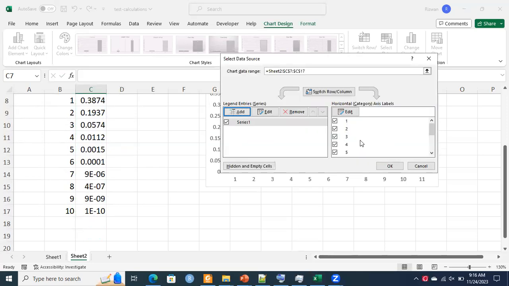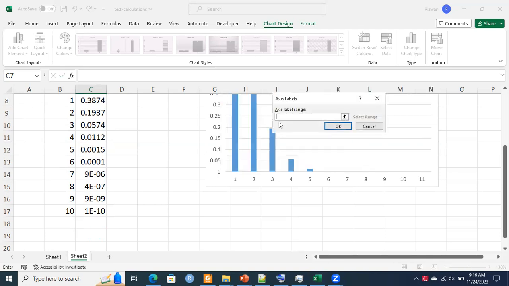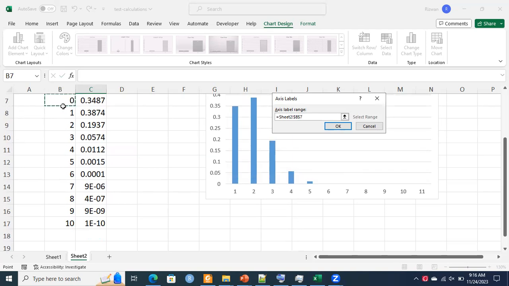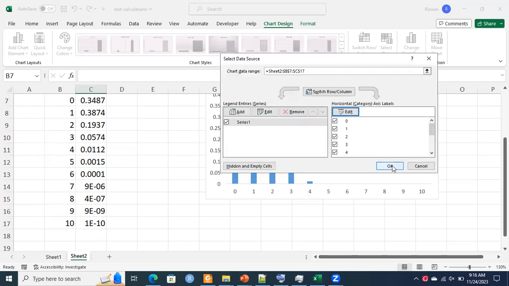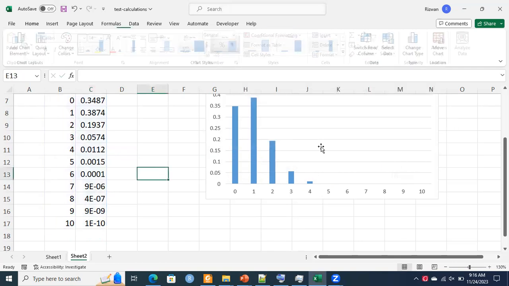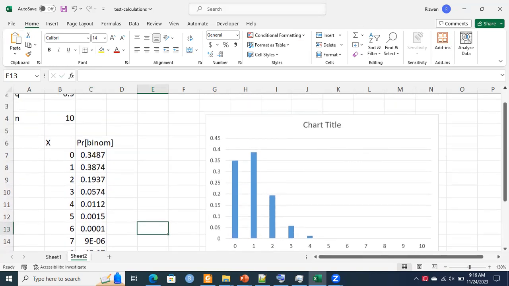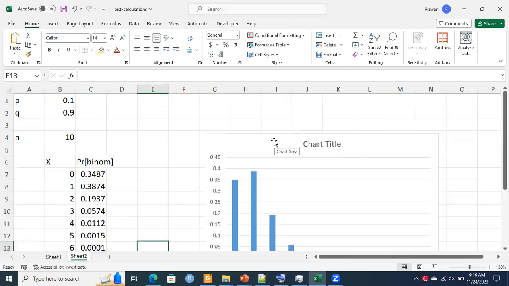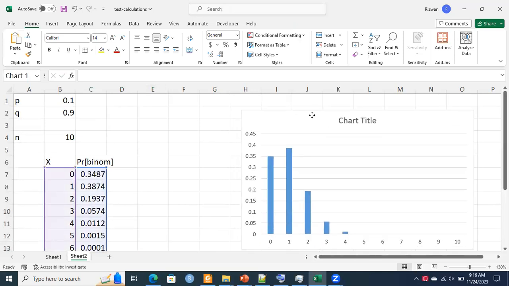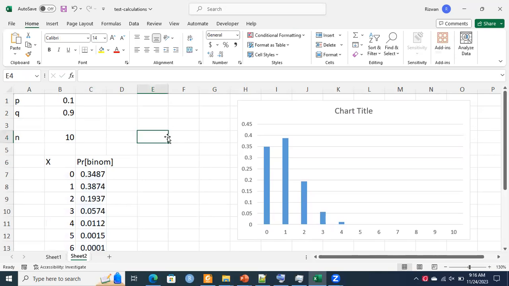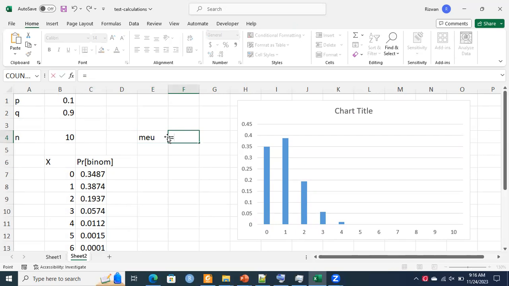Vertical axis. And my numbers start from 0. That's great. So we have the peak value somewhere here, shifted to the smaller values. If I compute the mu value for the binomial distribution, it is equal to n times p.